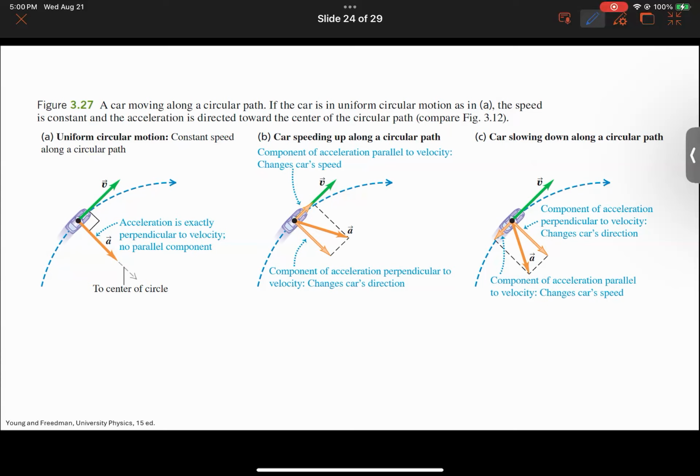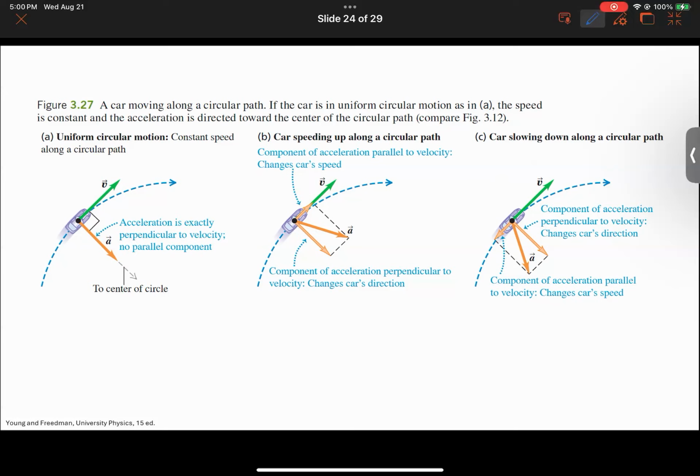Typically kino-consider natin circular motion pag halimbawa paliko yung kotse sa isang daan. Or halimbawa may sling kayo na pinapaikot nyo above your head. Yun yung isang example ng uniform circular motion.